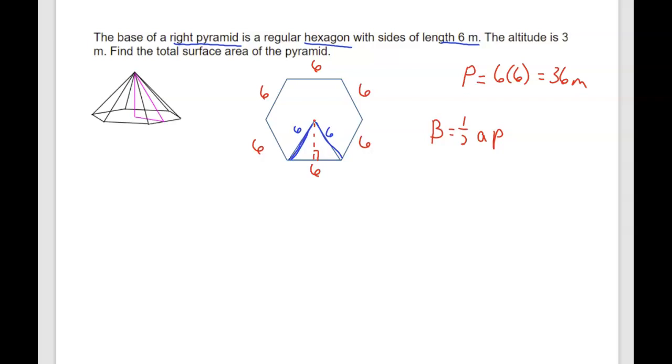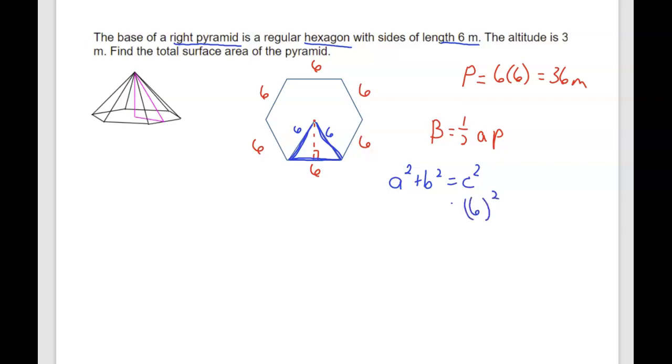This side is 6, this side is 6, and this side is 6. But I don't know what this is. I can use the Pythagorean theorem, a squared plus b squared is equal to c squared, to find this measurement, because I know what c is. That's the hypotenuse, it's 6.